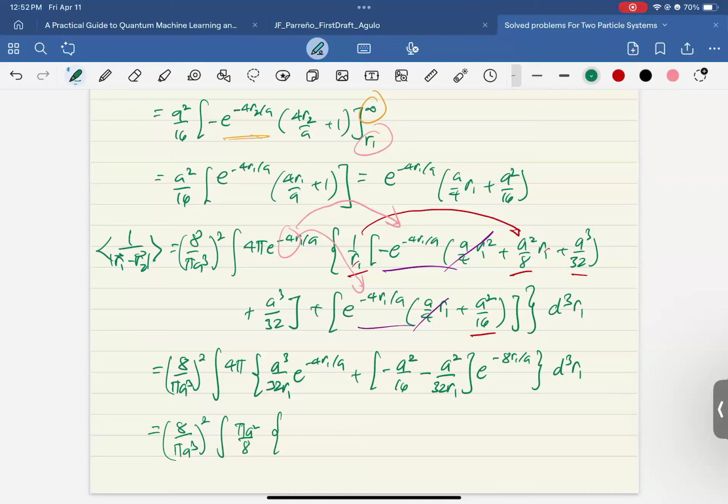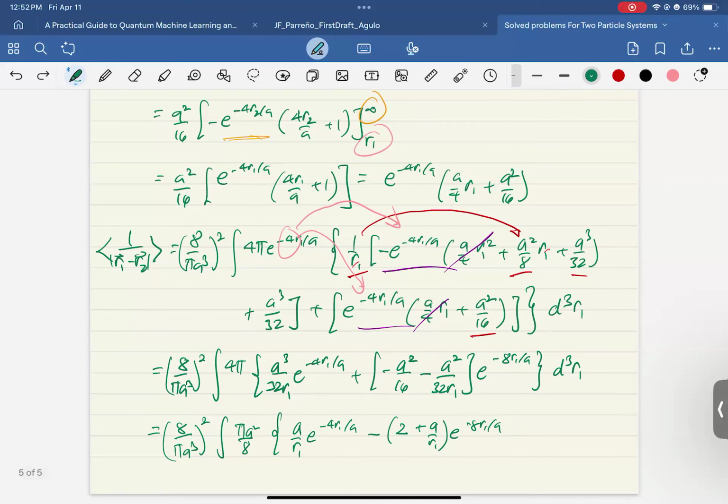A over R1 exponential minus 4 R1 over A minus 2 plus A over R1 exponential minus 8 R1 over A d3 R1. Okay, so kaya naging ganito yung mga yan kasi finactor out ko yung a squared over 16, a squared over 32. Okay. So yung a squared over 32 finactor out ko. Kaya naging ganyan yan.